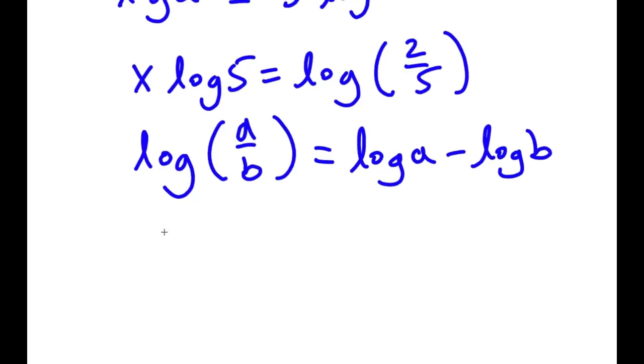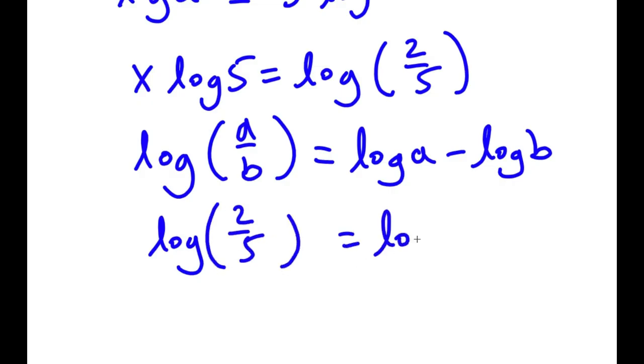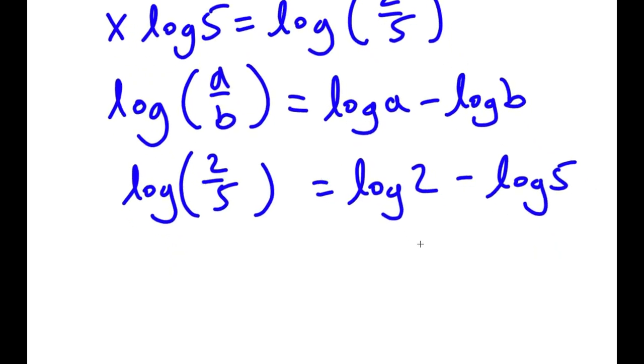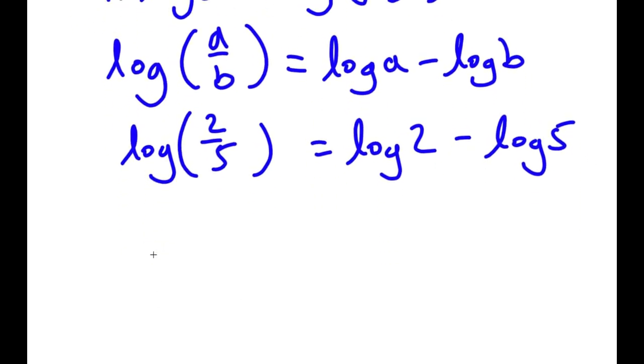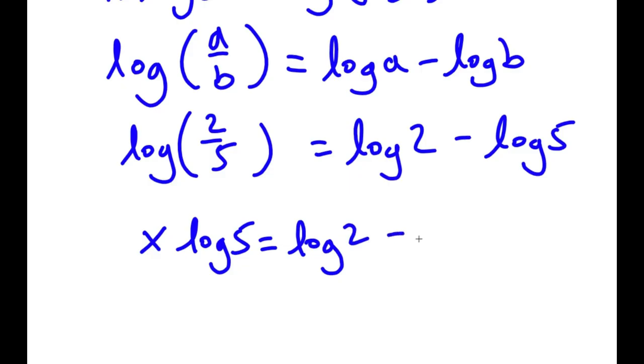So right here, log of 2 over 5, this is going to equal log 2 minus log 5. So now if I put it all together, I get x times log 5 is equal to log 2 minus log 5.